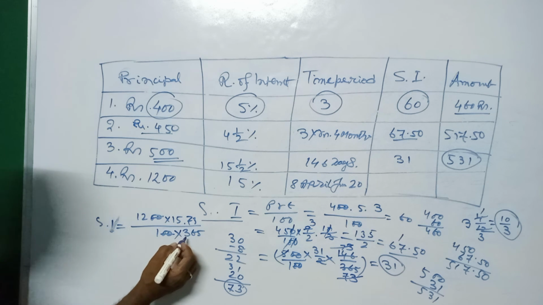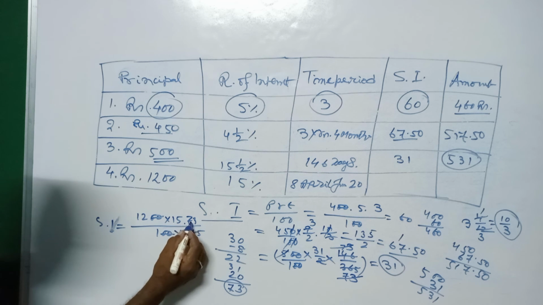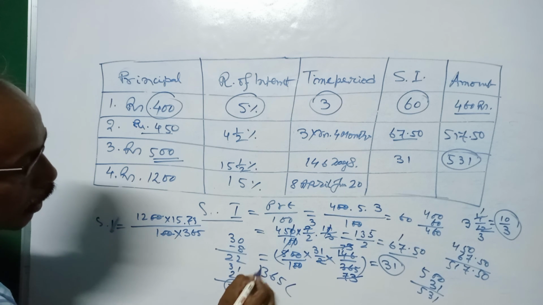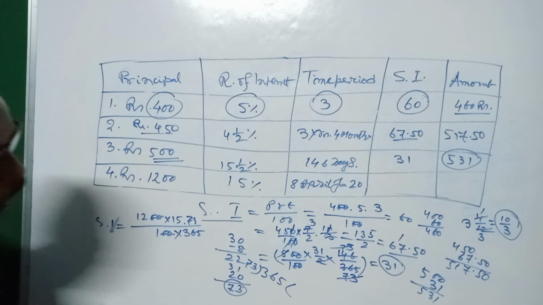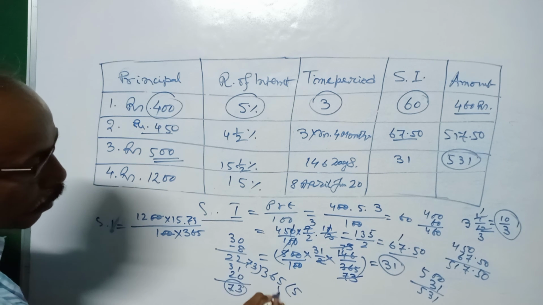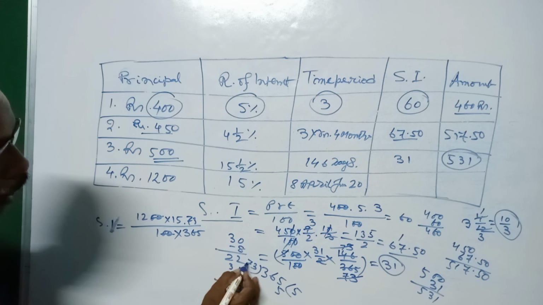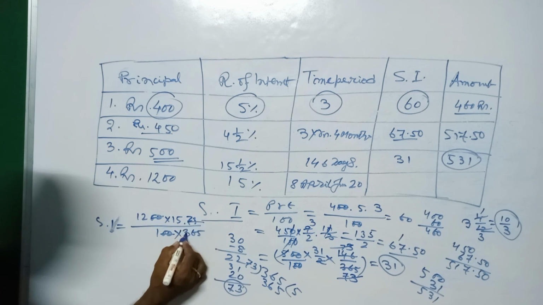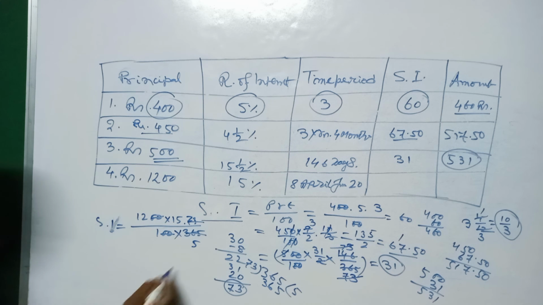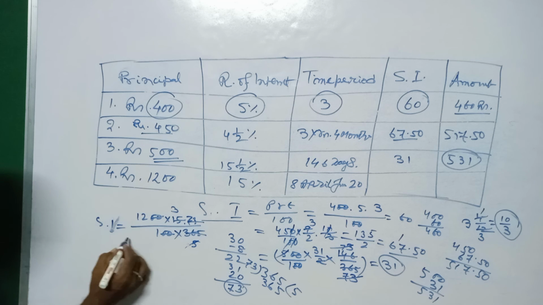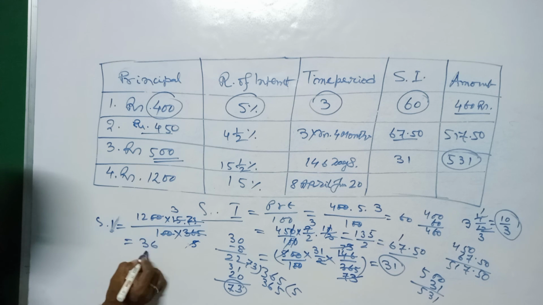Now 73 into 365, divided by 73 is 5. 5 3s are 15, 5 7s are 35, 36. 5 3s are 15, 12 3s are 36.